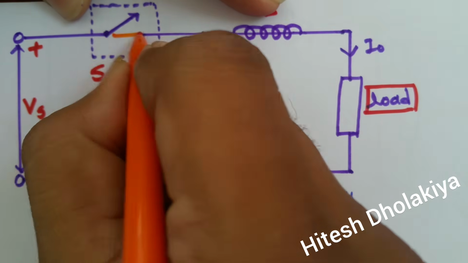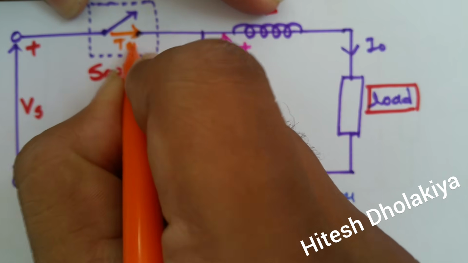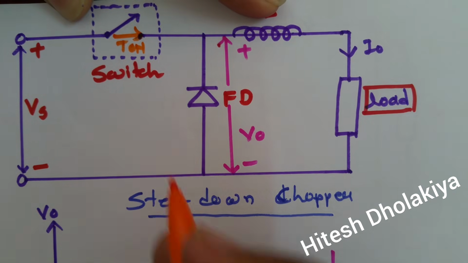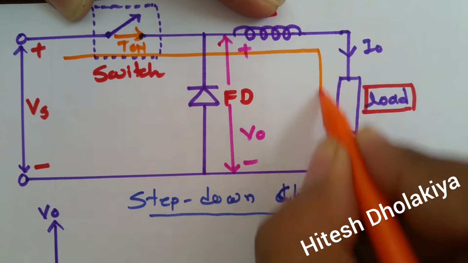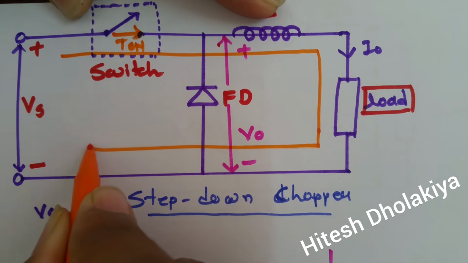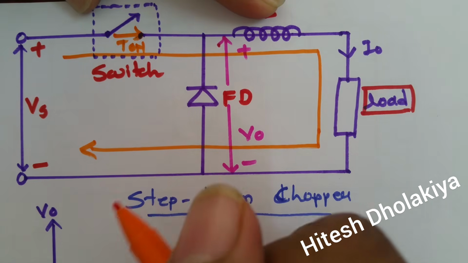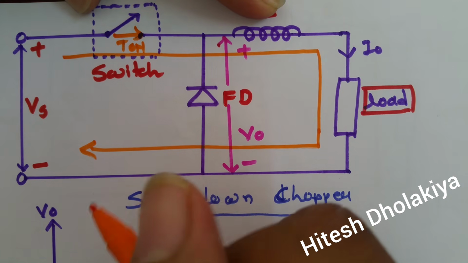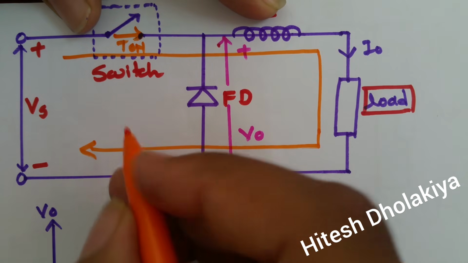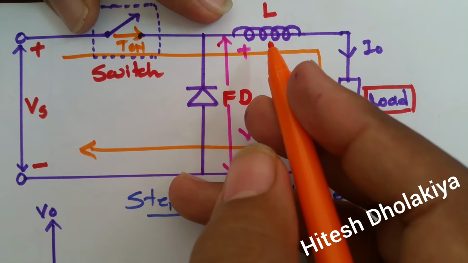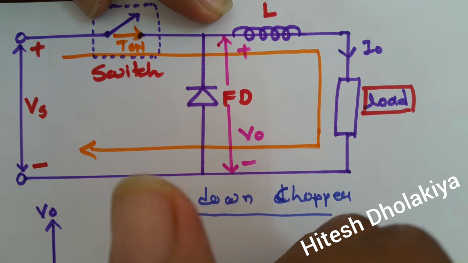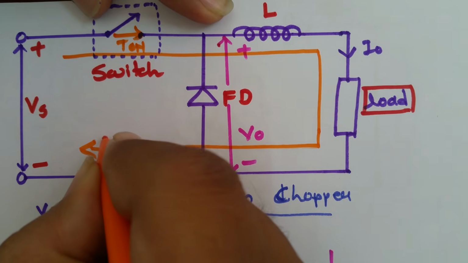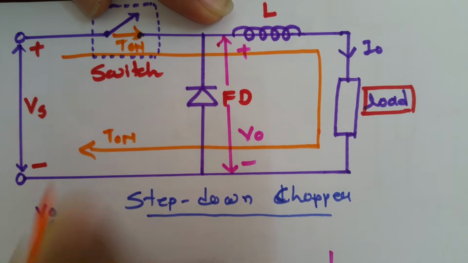If this switch is on during T on, in that case current will flow in this loop, and this freewheeling diode is in reverse bias, so that will be off, and this inductor will get charged with respect to time, and the current in the inductor will increase when this switch is on. So this loop is for T on.